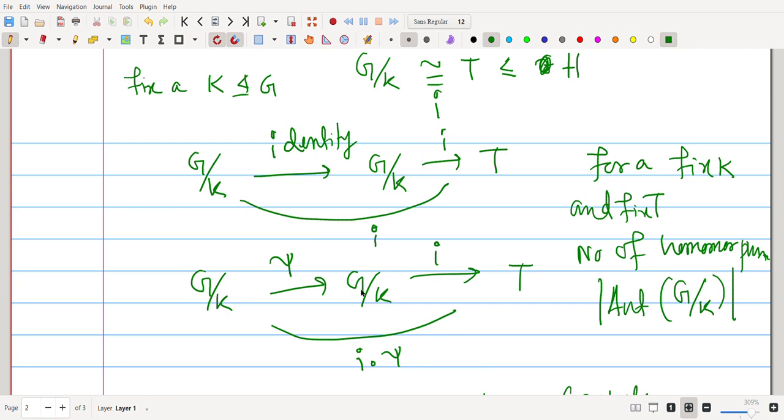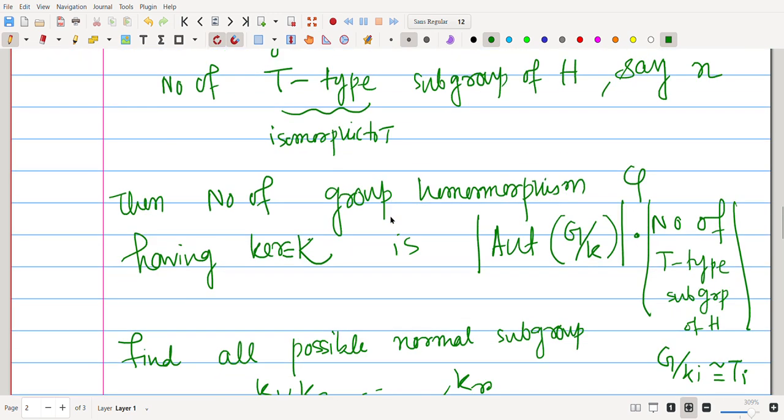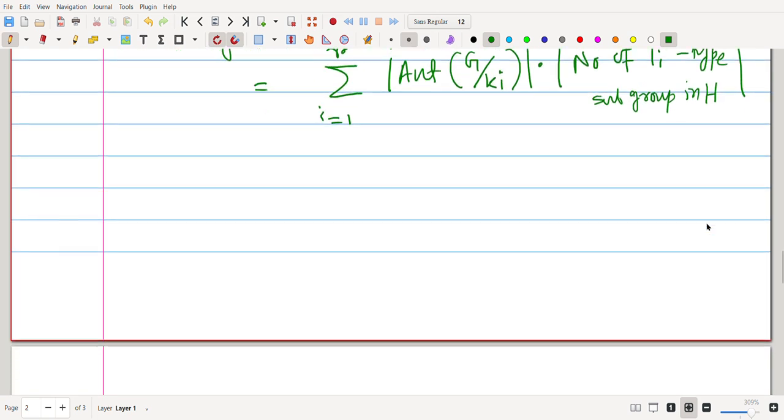So to get all possibilities, we need to multiply by the order of the automorphism group, because each factor comes from one automorphism, by composing with another automorphism, okay? That's why we get this factor, and for the image we get this factor. So ultimately the counting of homomorphisms depends only on the choice of kernel of phi and image of phi. So we need to find all possible choices of kernel and all possible choices of image. If we get that, then finally we will get the answer. So this is the answer. Now you can apply this.